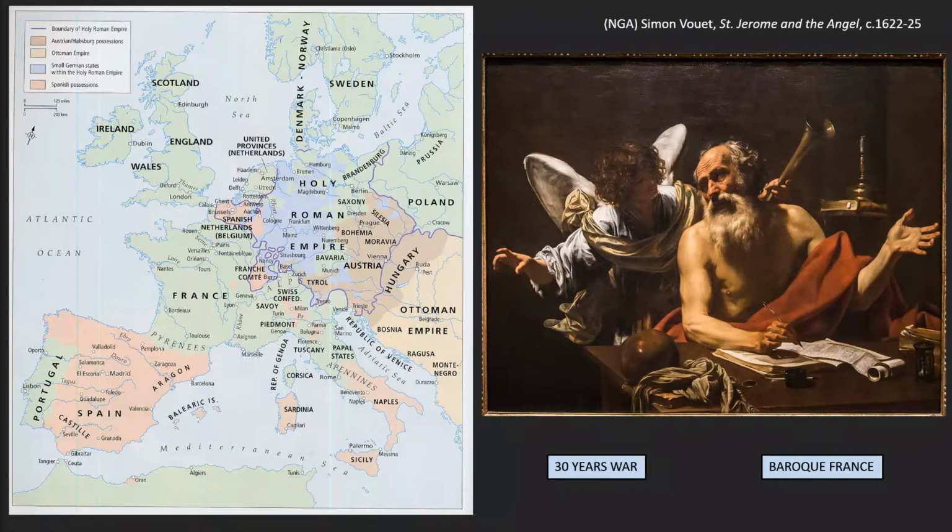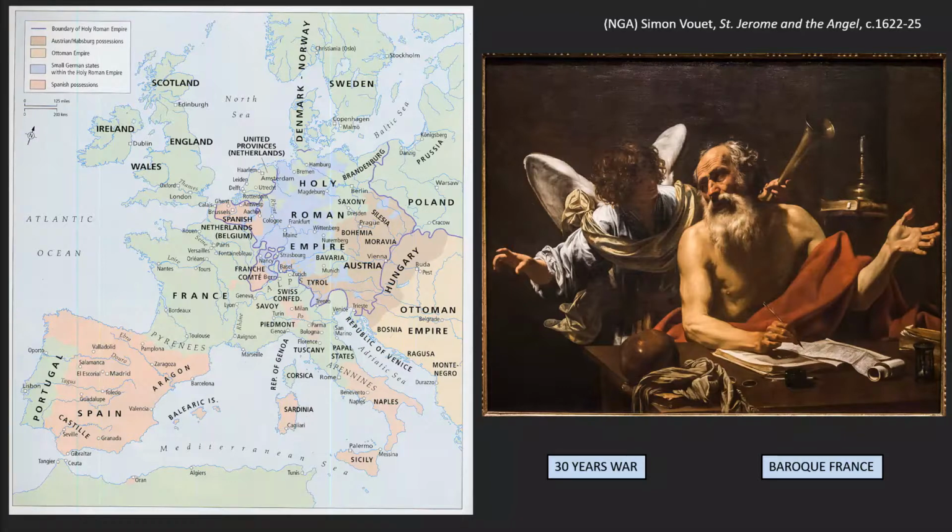Right? And France, even though they're predominantly Catholic, is at war with Spain on two different borders. They've got Spain to the south, they've got Spain to the north. And they're allied for a time with the Holy Roman Empire within this. It's a huge struggle, right? I'm sorry, Spain is allied with the Holy Roman Empire against France.